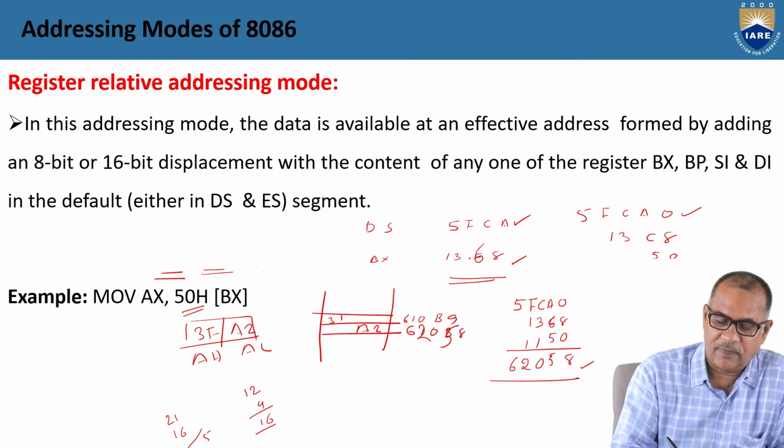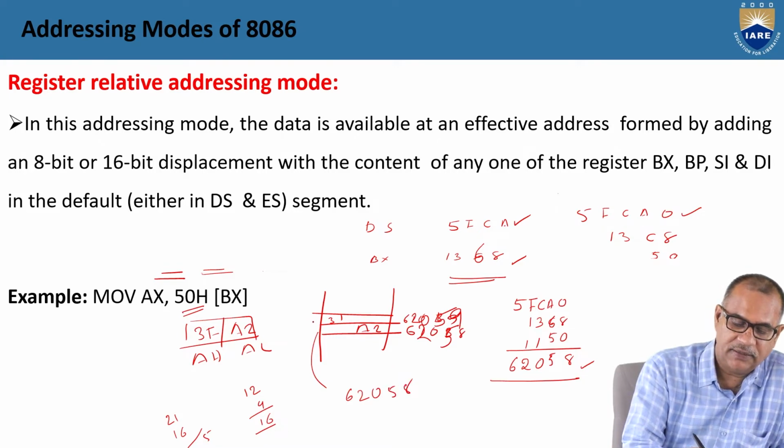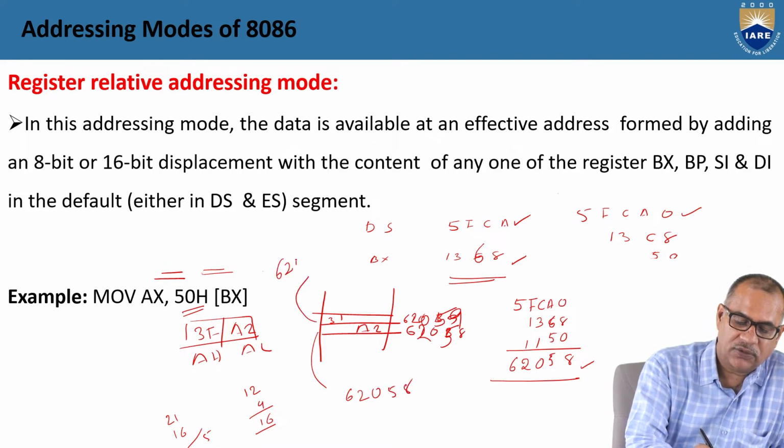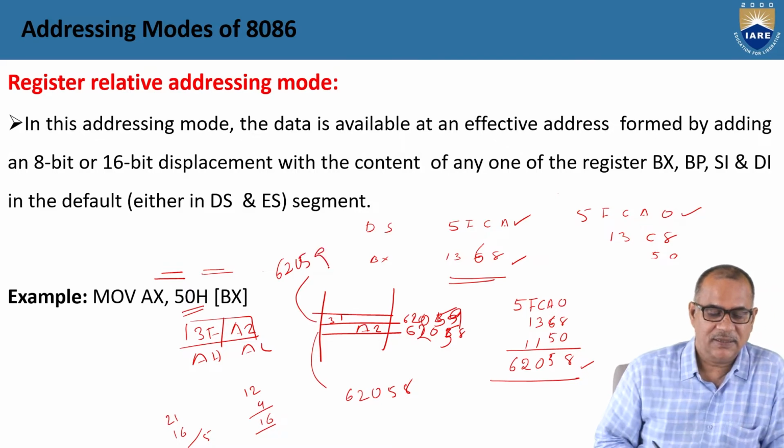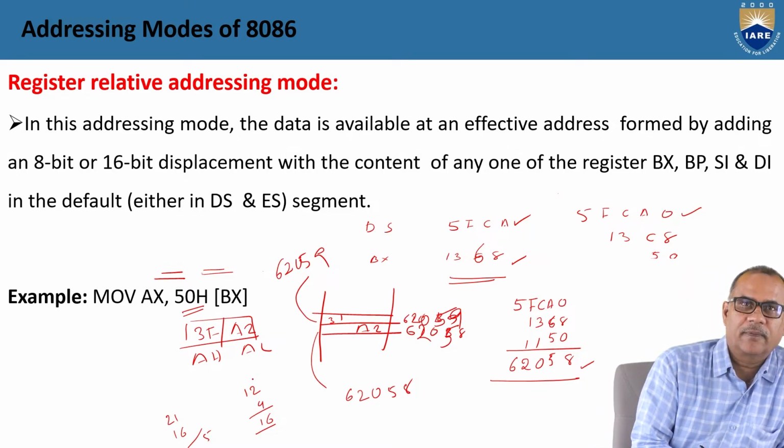This is 62058, and this is 62059. So the contents of these registers are transferred to AX register, as you see here.